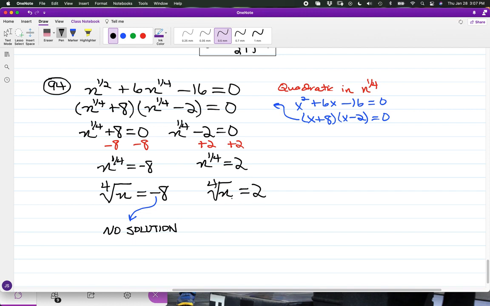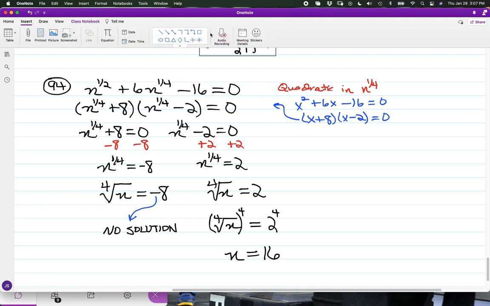Freeing up n, again I have an even root radical reducing to a positive constant. I can eliminate the radical by raising both sides to the 4th power. On the left-hand side I have n, and 2 to the 4th is 2 times itself times itself times itself, which comes out to 16. So for this equation there's only one solution, and that is the number 16.